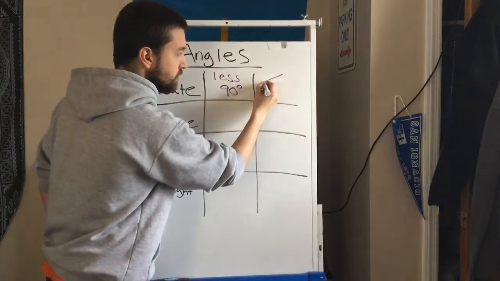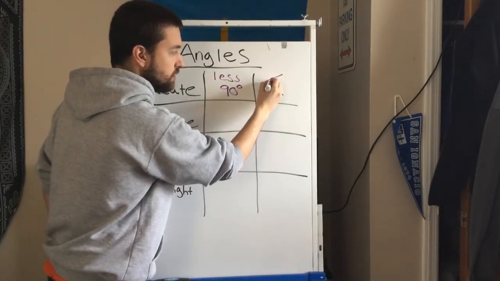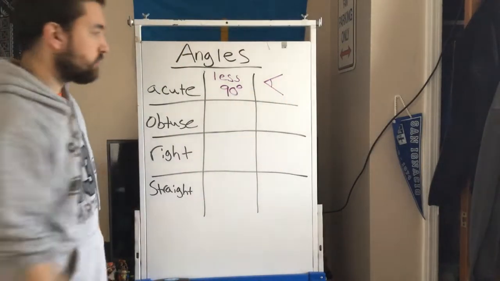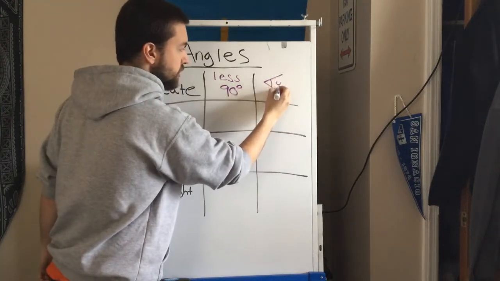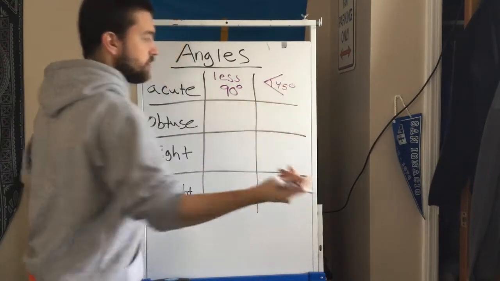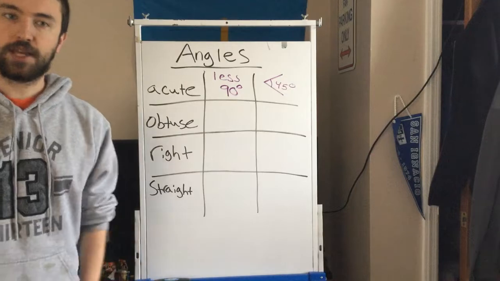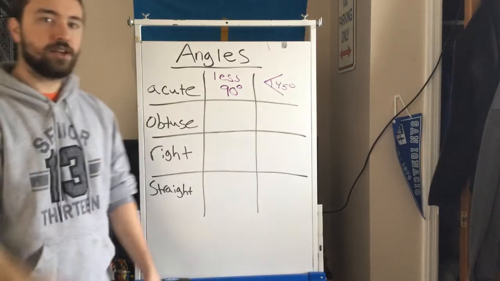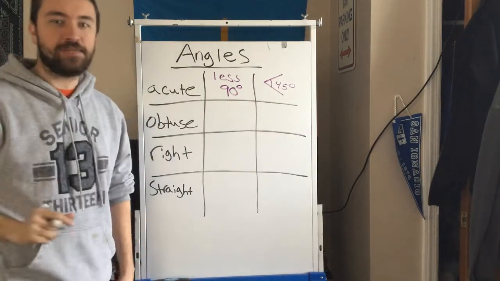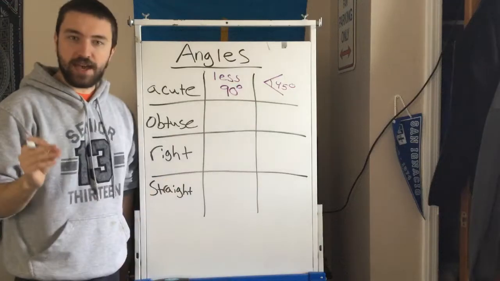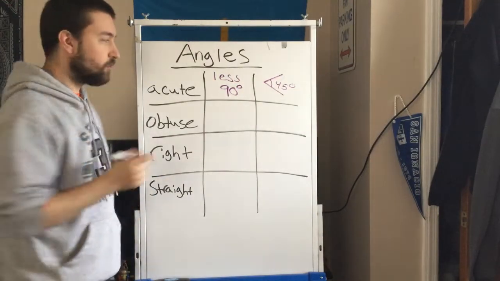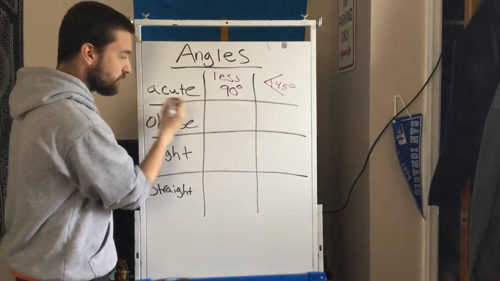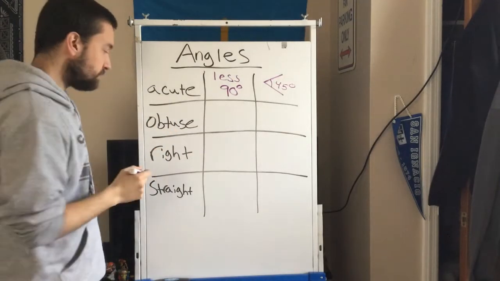For example, this one, I don't have my protractor, I left it in the classroom. We'll say this angle is 45 degrees, because that's less than 90. These angles are cute, they're tiny. So that's one way you can remember that the acute angle is the one that's smaller than 90, because it's got the word cute in there.